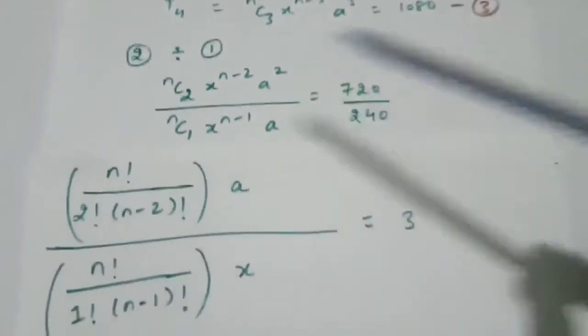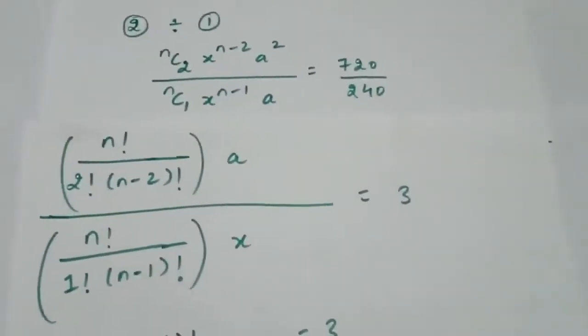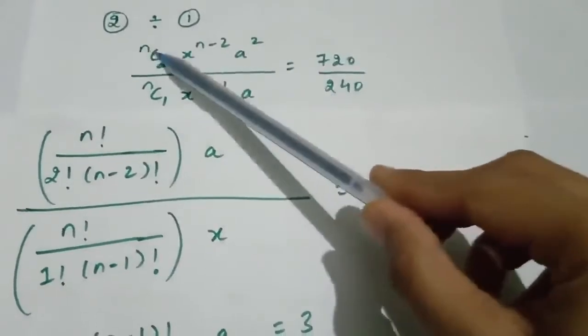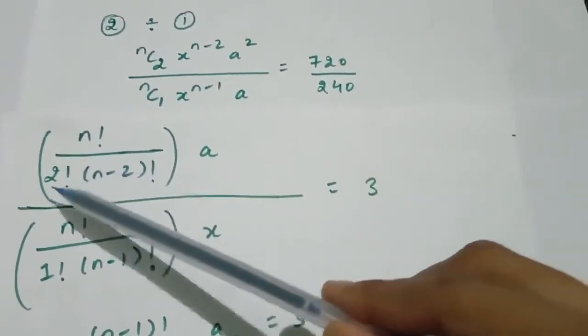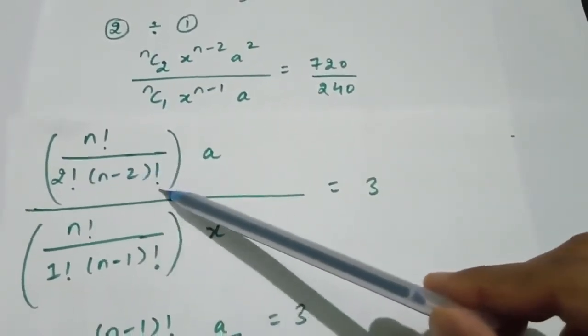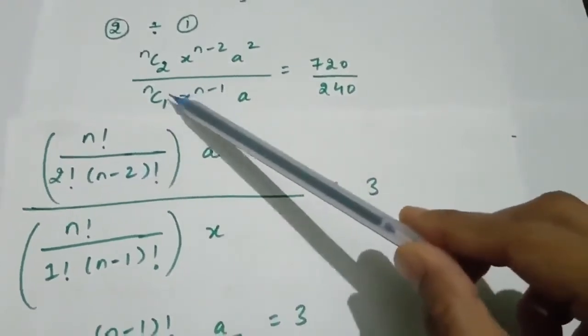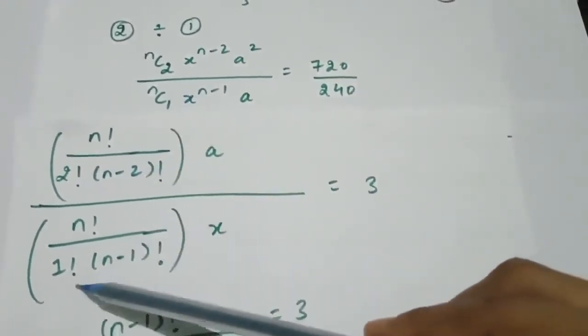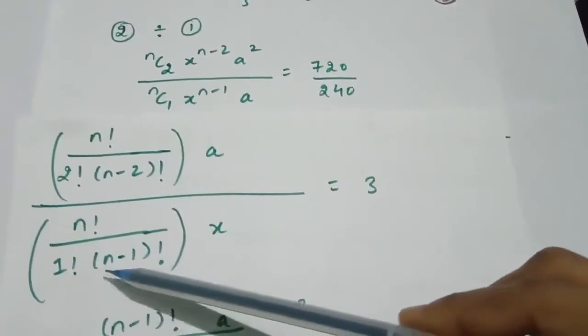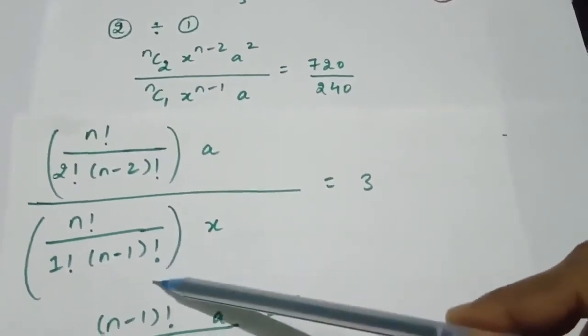Right? Now solving this, see, nC2 will be n factorial upon 2 factorial into (n - 2) factorial. nC1 will be n factorial upon 1 factorial into (n - 1) factorial.